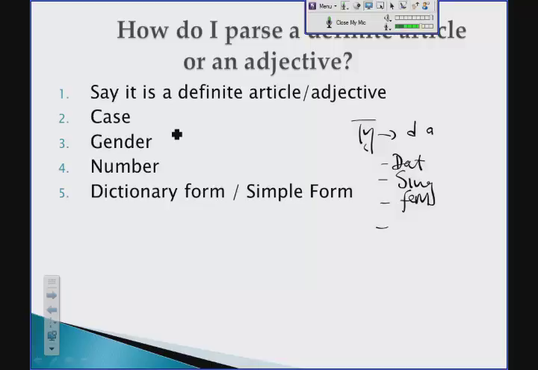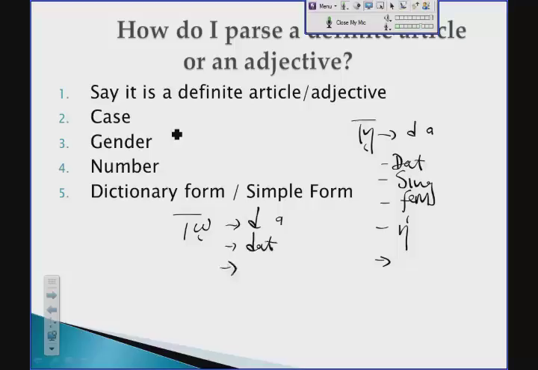And what is the dictionary form? The feminine. What does it mean? The. That's how you parse it. How would you parse tō? You would tell me it is the definite article, case, number, and gender. What is the case? Dative.